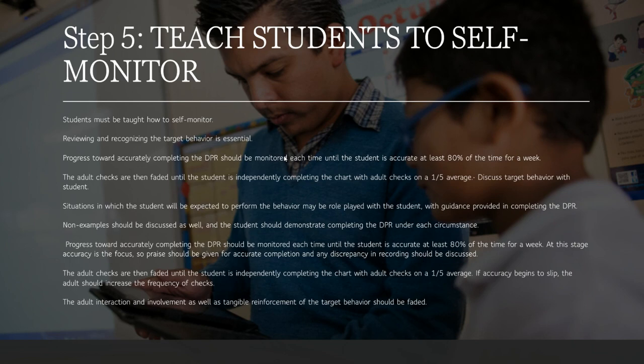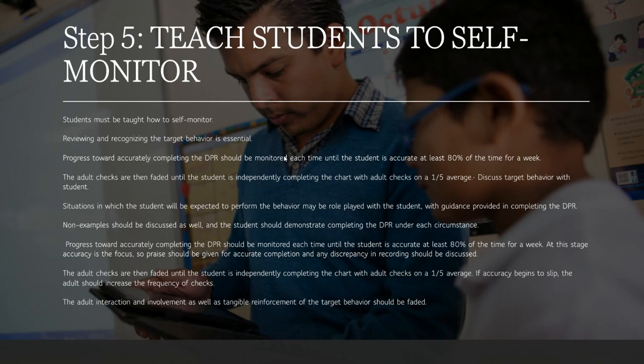And again, with this intervention, progress towards accurately completing that daily progress report should be monitored each time until that student is completing that progress report with an 80% accuracy. Again, we're always continuously giving that specific positive feedback when they are accurately completing that report.